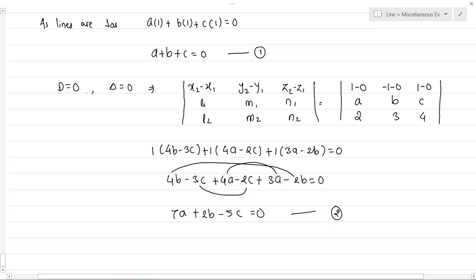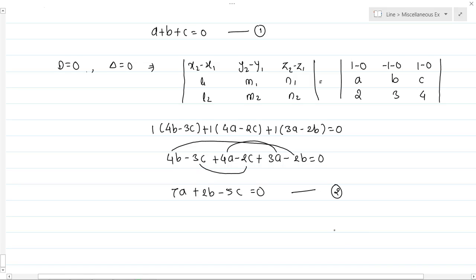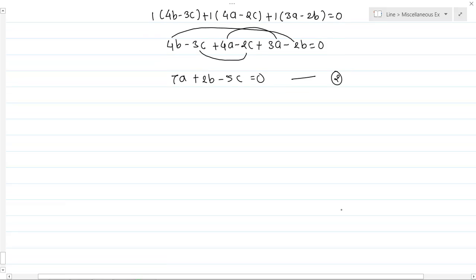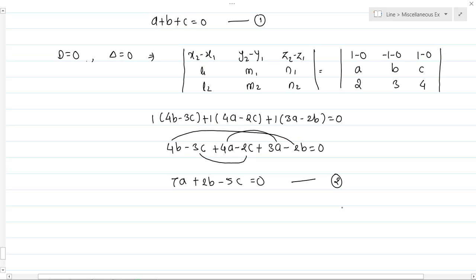So we get the first equation and the second equation in terms of a, b, c, and from the first and second equation we can simply find the direction ratios. The first equation is a plus b plus c equals 0, and the second is 7a plus 2b minus 5c equals 0.